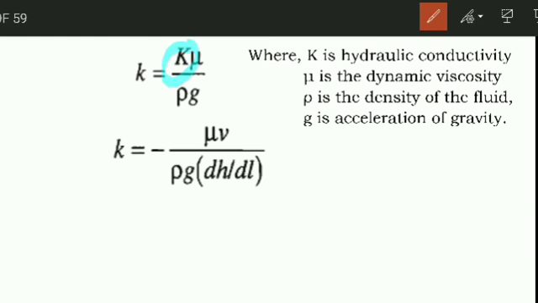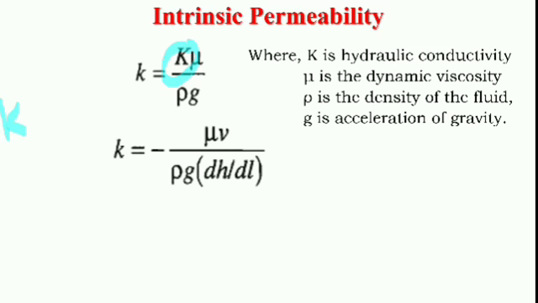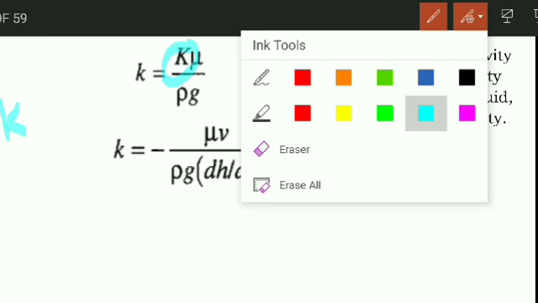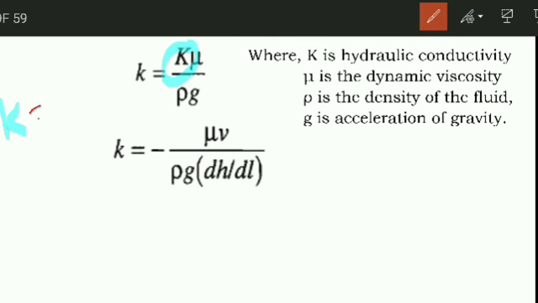If you replace this K by its formula, hydraulic conductivity capital K is equal to minus V divided by dH by dL, what we have discussed.